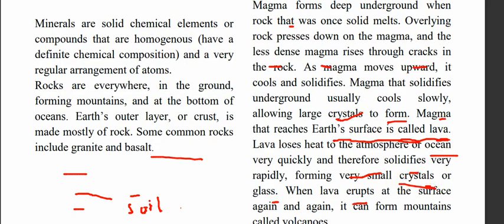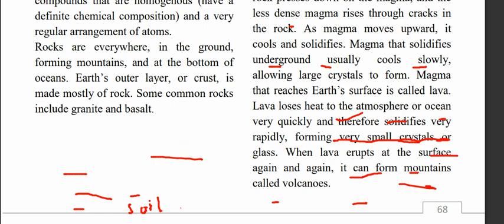When lava erupts at the surface again and again, it can form mountains called volcanoes. So we have volcanic eruption, where molten magma starts to erupt from it.